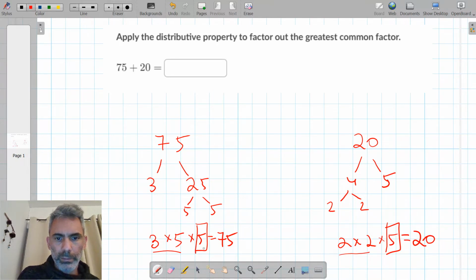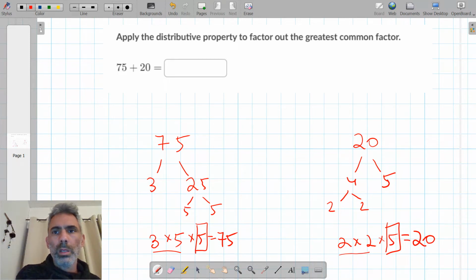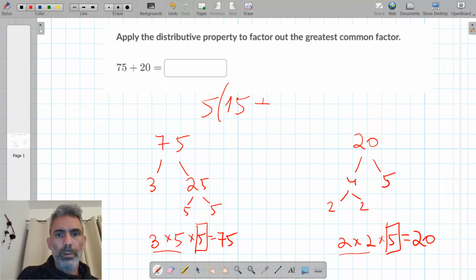We don't have anything else in common here. So 75 divided by 5 is 15, which is 3 times 5. 5 times 15 is 75. And here 5 times 4 is 20. So we can factor out this expression to 5 times (15 plus 4).